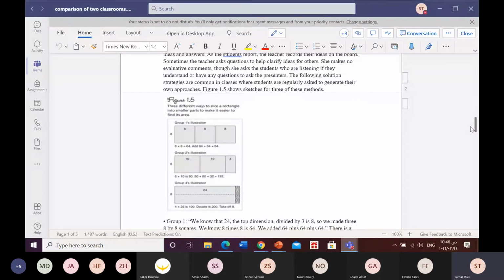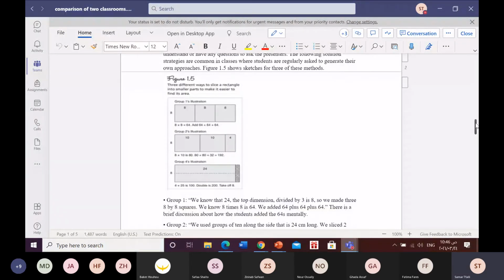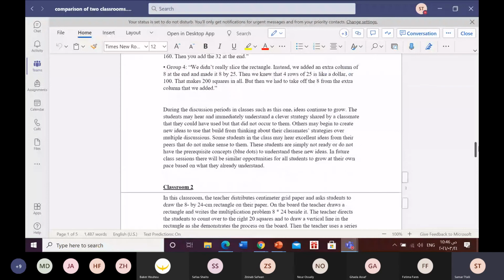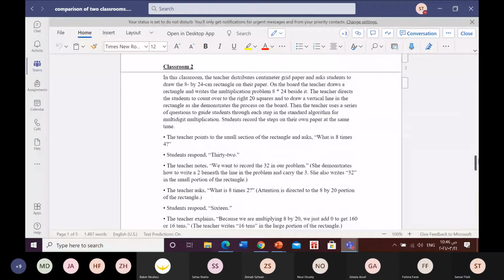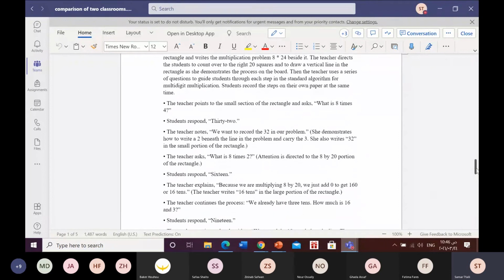Now in the second classroom, you can notice that the teacher gives one strategy for the students. She showed them what to do. In the second classroom, the teacher provides one strategy of how to multiply, which is the standard algorithm.